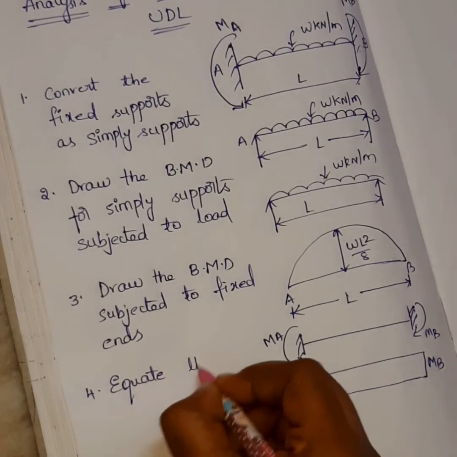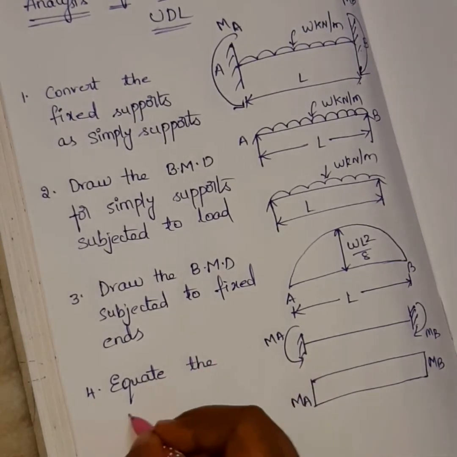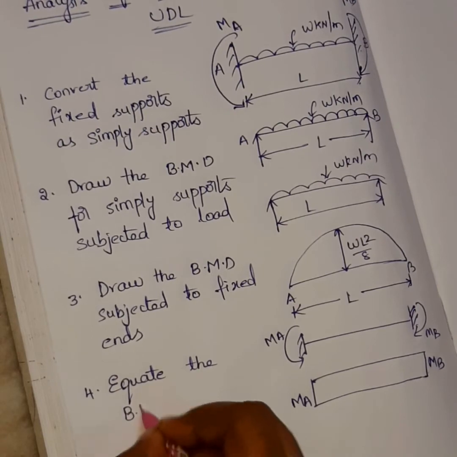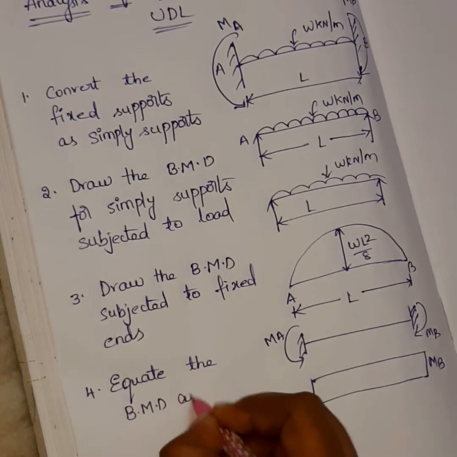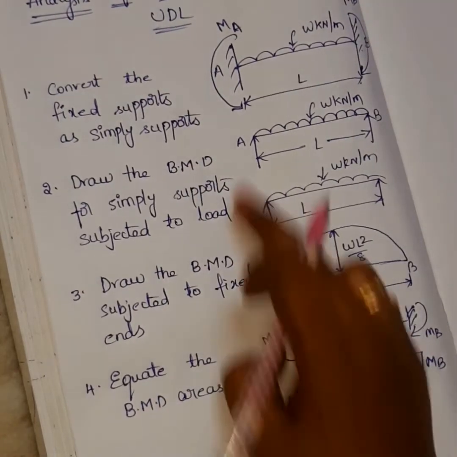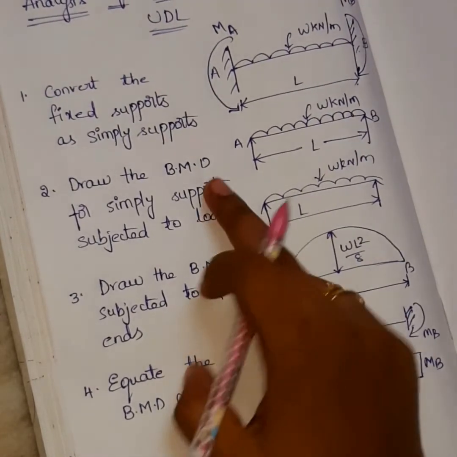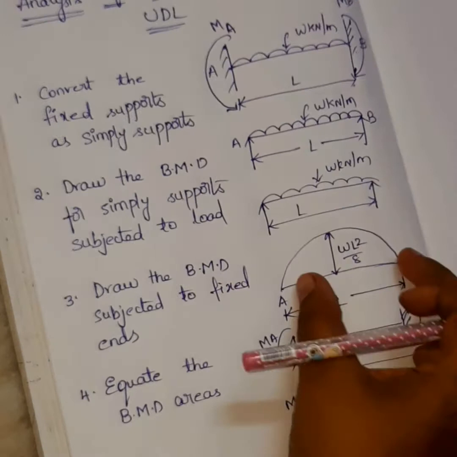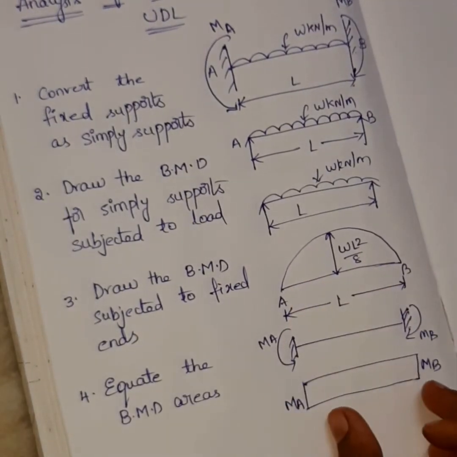Equate the bending moment diagram areas. Equate the bending moment diagram areas means, for the simply supported beam this parabola and this rectangle.